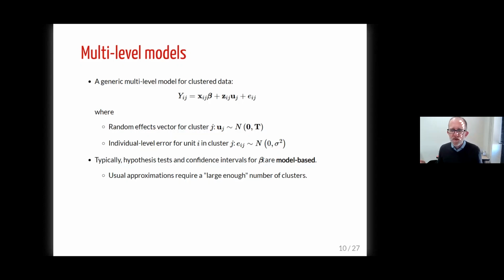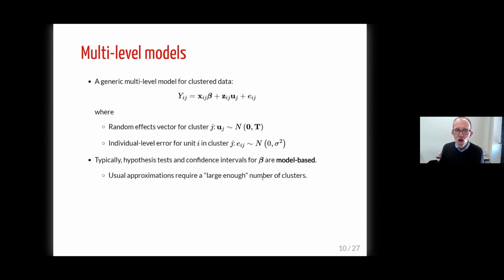I'm going to call that set of assumptions, and the standard errors, hypothesis tests, and confidence intervals based on them, model-based, meaning they are contingent on the proper specification of the model.